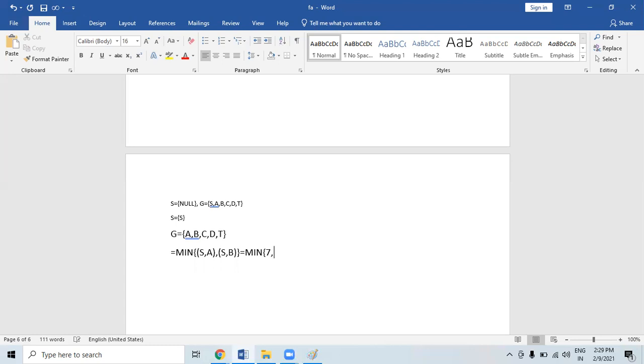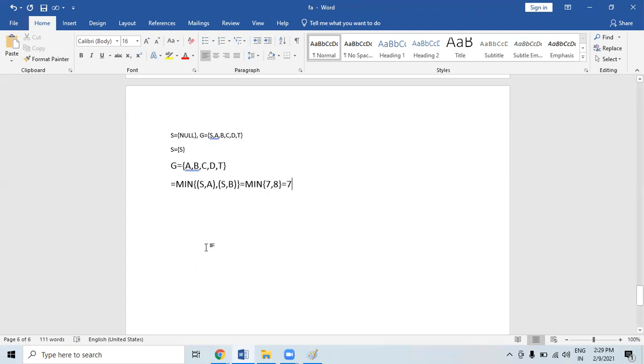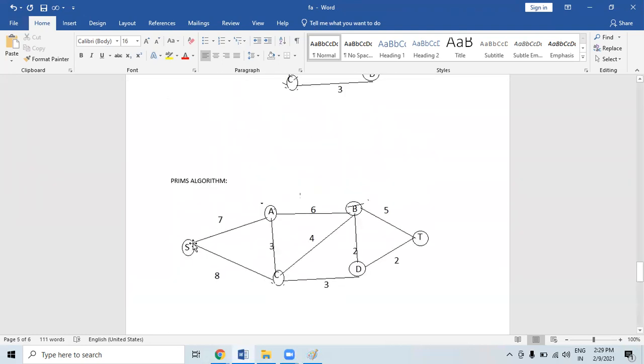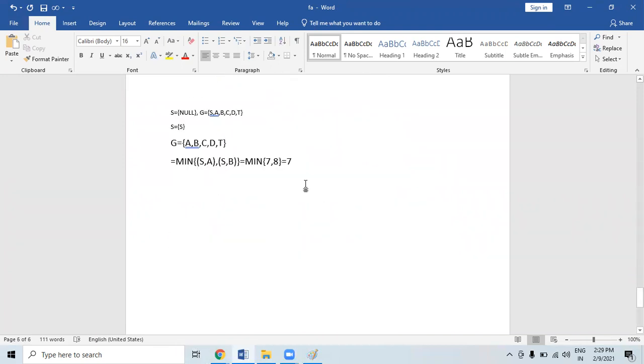We have to find the minimum edge, so 7 is the minimum here. So we return the minimum.